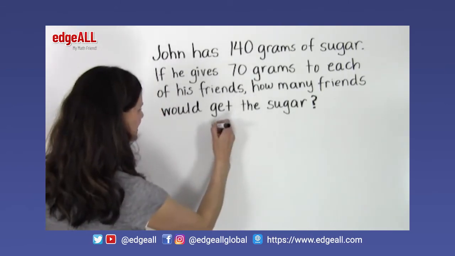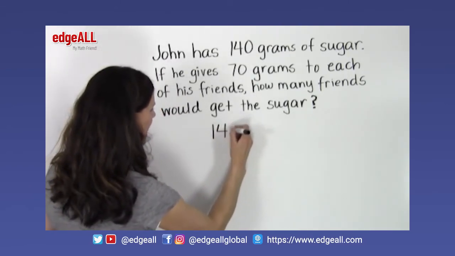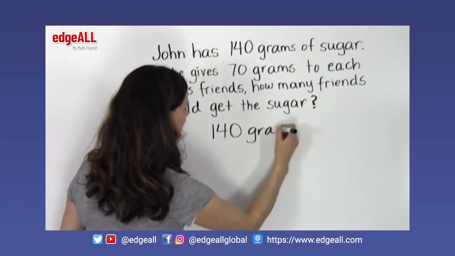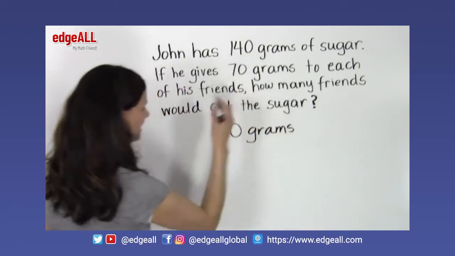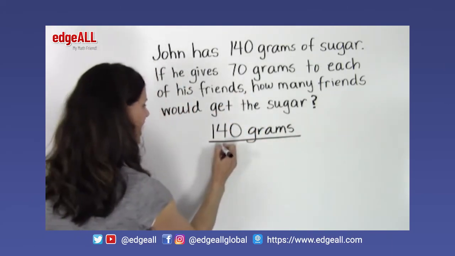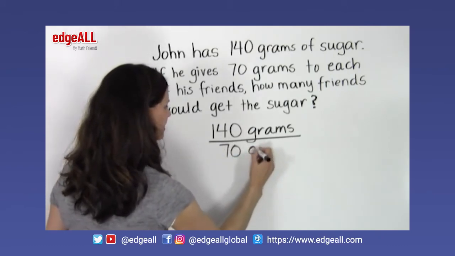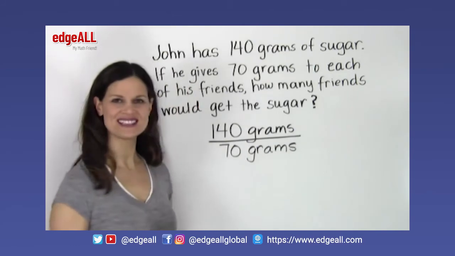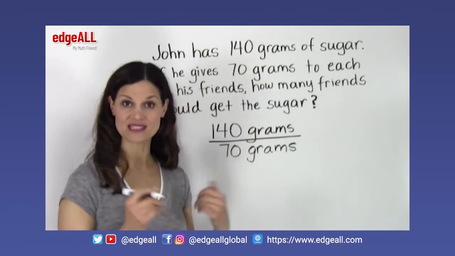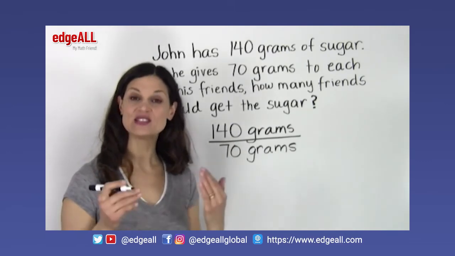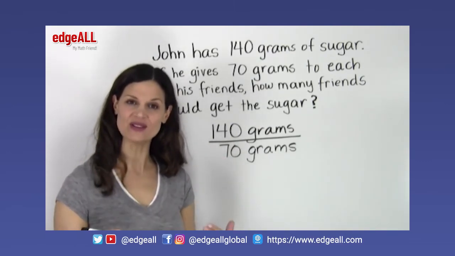So this is a simple division problem of 140 grams. I'm not just going to write my 140. I'm going to do the 140 grams divided by 70 grams. Well, as you can see, we have grams in the numerator and we have grams in the denominator. And so these two cancel out.